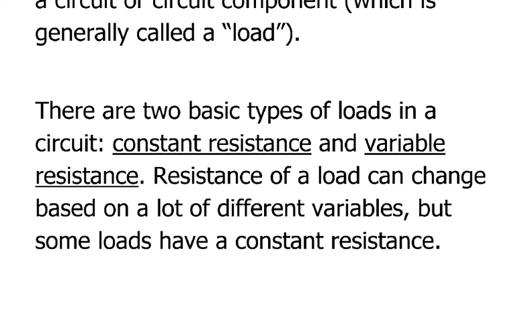Those are really useful things of certain types of materials, and those components would have a variable resistance, not constant. But some loads do have a constant resistance, and those are the ones that we use for making resistors, properly termed resistors. All right.